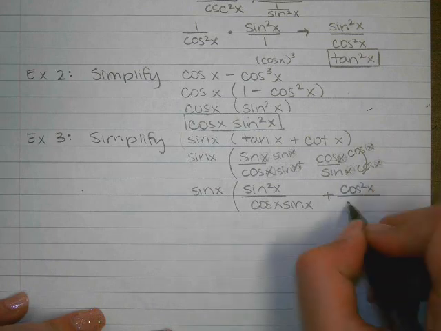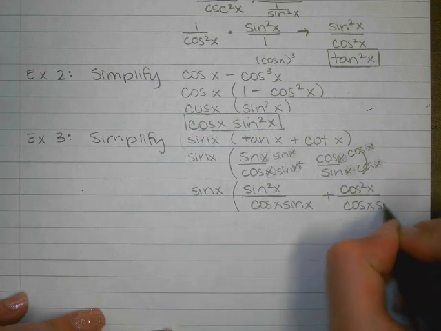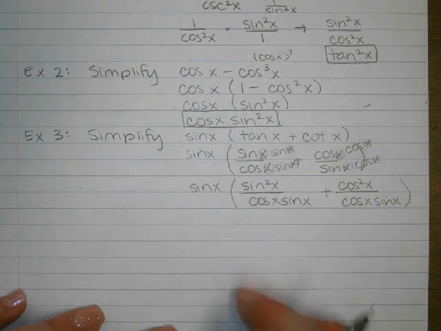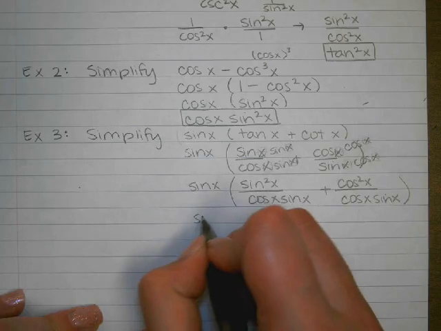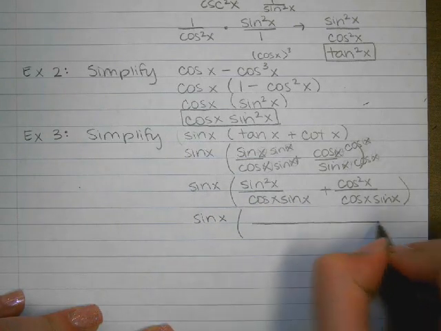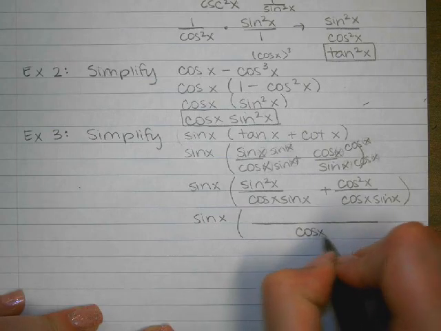It doesn't matter which order you say it in. So that was my first legal math move, was getting that common denominator. Now I can go ahead and write this inside part as one fraction with that common denominator.